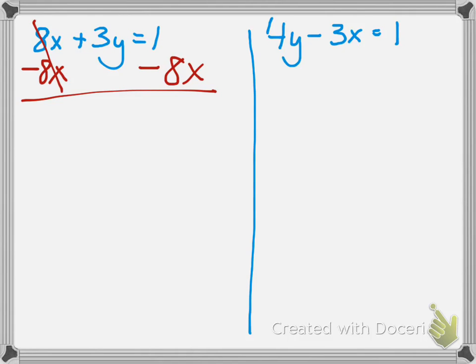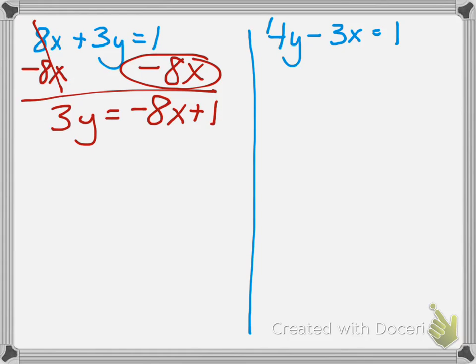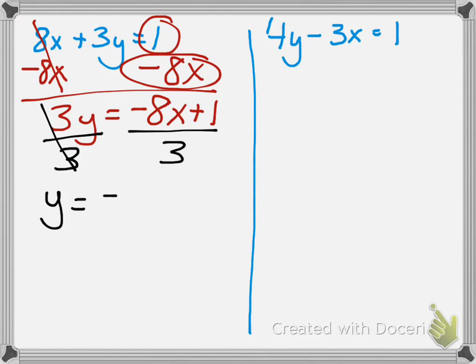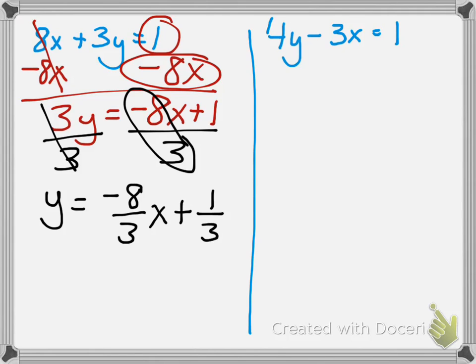So if I subtract it, I'll be left with 3y equals negative 8x plus 1, negative 8x, and my 1. Now I need to divide by 3. I get y equals negative 8 over 3x, which comes from here, plus 1/3, which comes from there. And that's my answer for y.